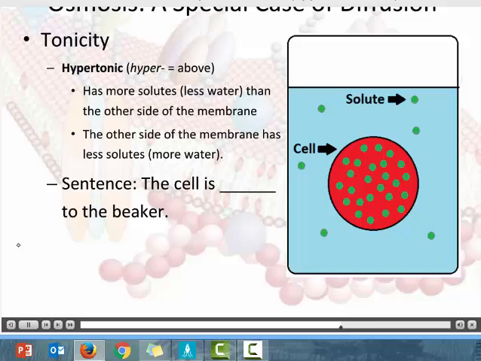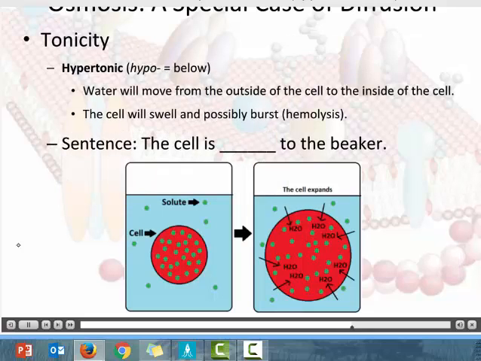If our cell has more solutes than the other side of the membrane, it has less water. So if we look at it from the water perspective, our cell has little water. The outside of the cell has more water. So a hypertonic cell to the solution will take on water. Water moves down its concentration gradient from the outside of the cell to the inside of the cell.